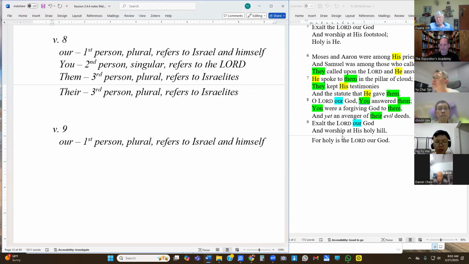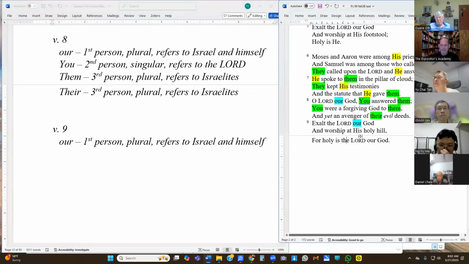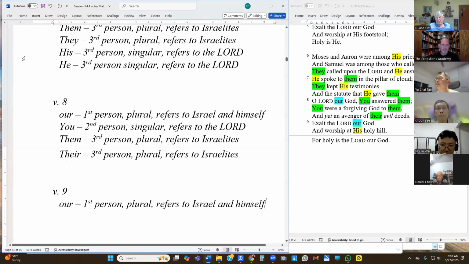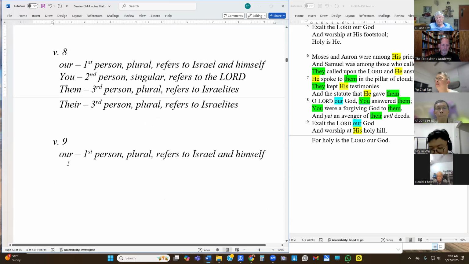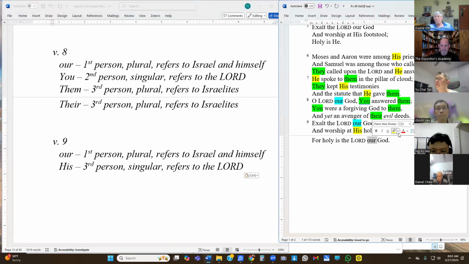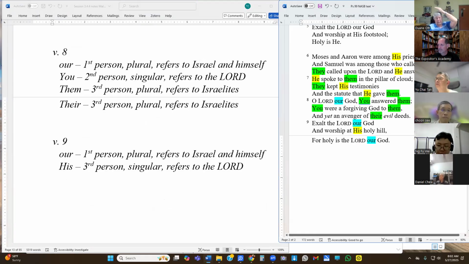And "worship at his." His is third person singular and refers to God. Last is "our," first person plural, and refers to the Israelites and the author himself.